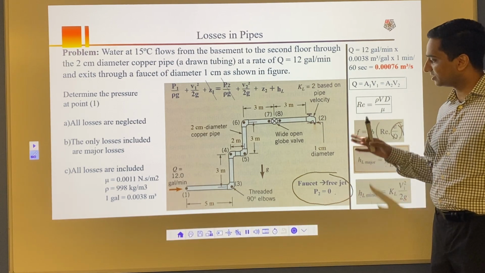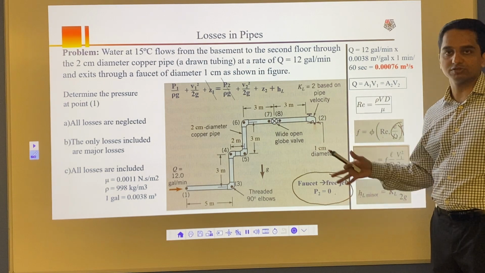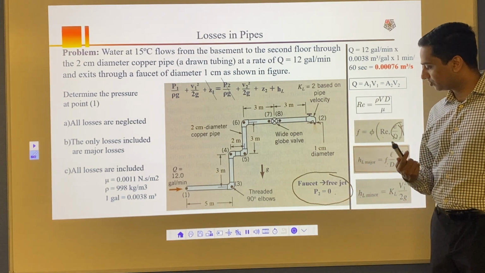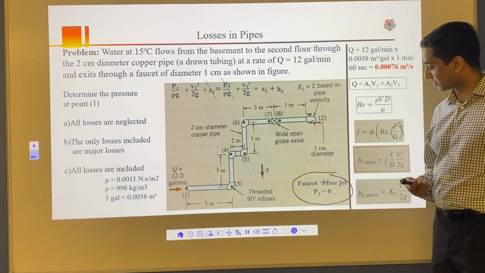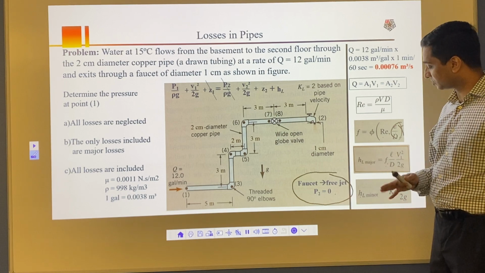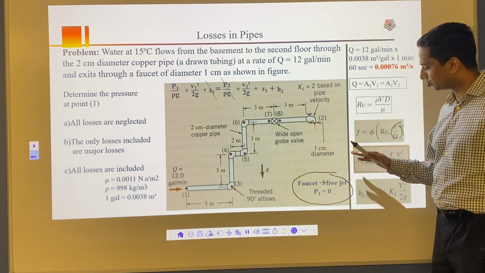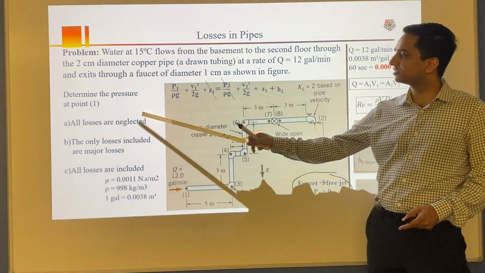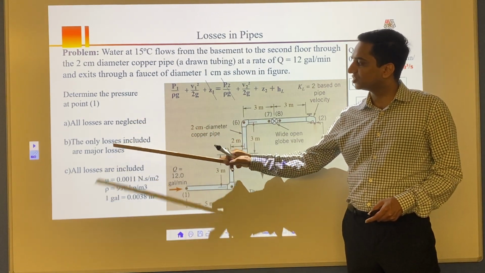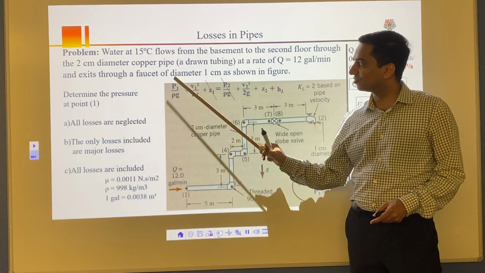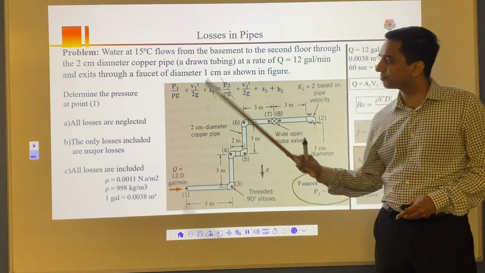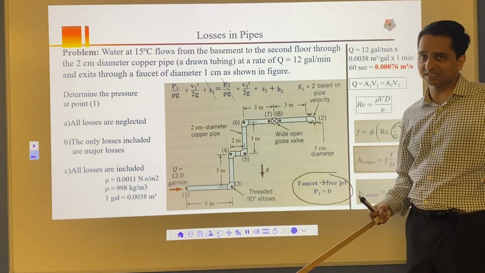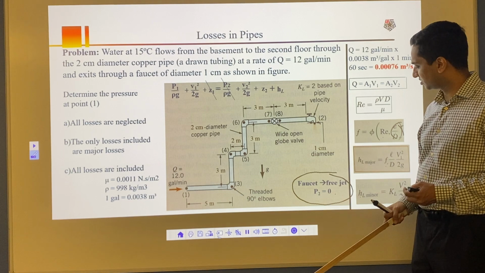If you get things right, you're good. If not, we are going to solve this problem here anyway, but I strongly recommend that you pause the video and do these calculations. First, get your all losses neglected, then major loss, and then all losses included, and calculate P1 at three different points. So read the problem properly and understand what you are doing. It's there in your Blackboard presentations, and you can do that if you want.